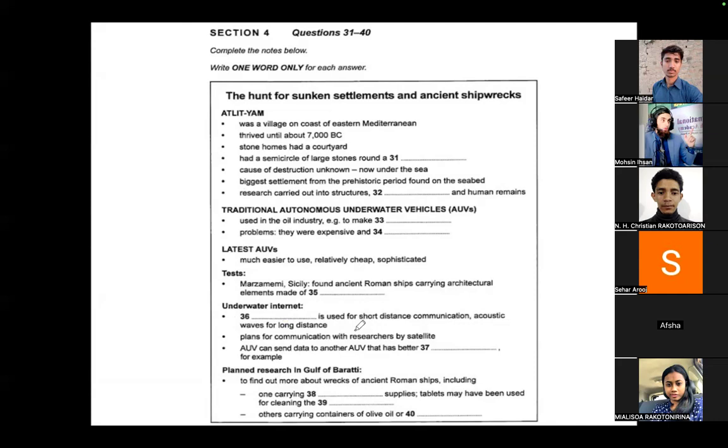For short distances, AUVs can share data using light, while acoustic waves are used to communicate over long distances. But more creative solutions are also being developed, where an AUV working on the seabed offloads data to a second AUV, which then surfaces and beams the data home to the research team using a satellite.